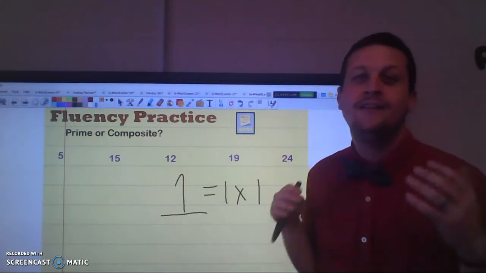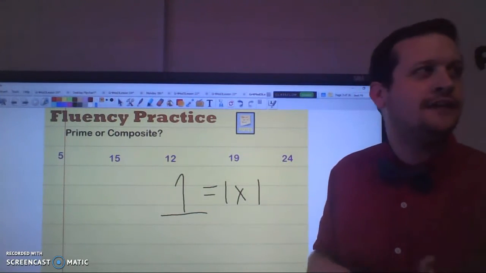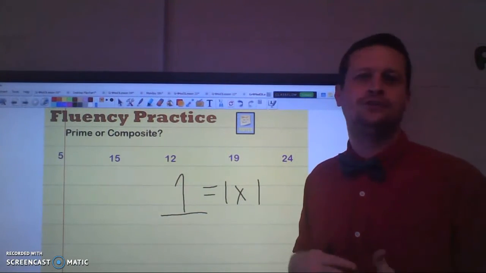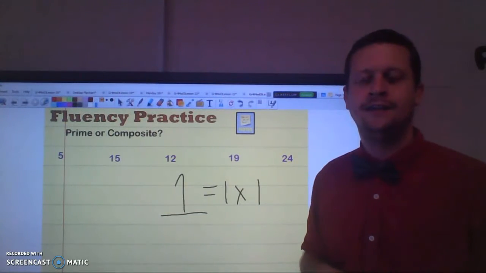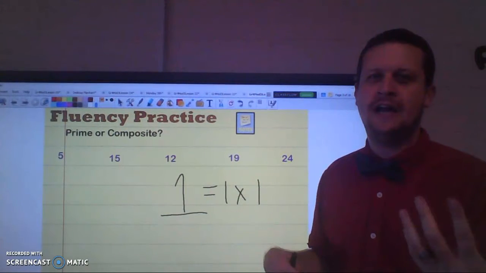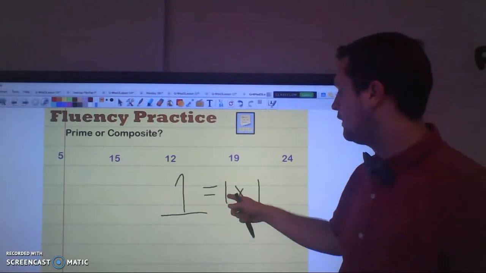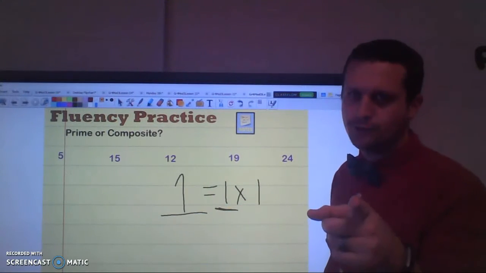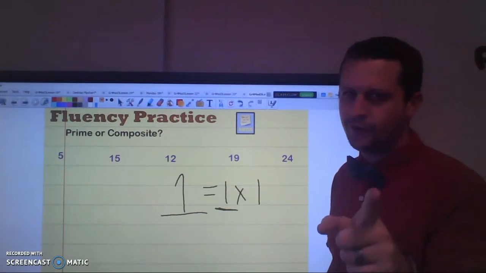So it's kind of a trick question. 1 is not prime and it's also not composite. Okay? So 1 is a special number. It is not prime or composite, because it only has 1 factor.